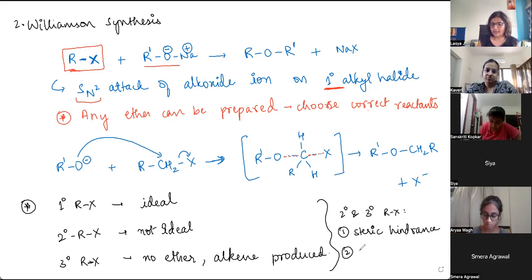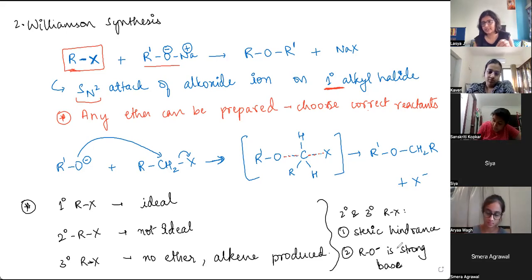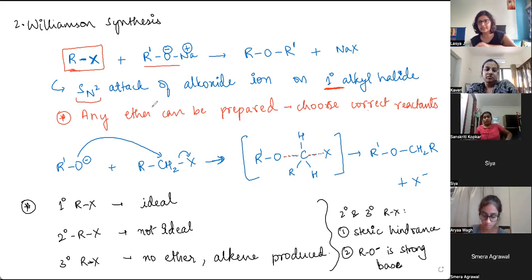Also, the fact that the alkoxide ion, the nucleophile, is a strong base, which is a factor in elimination reactions. Like, how is elimination happening?